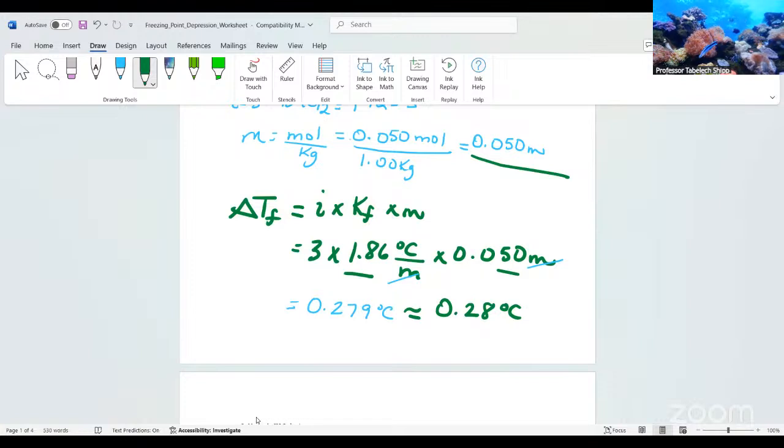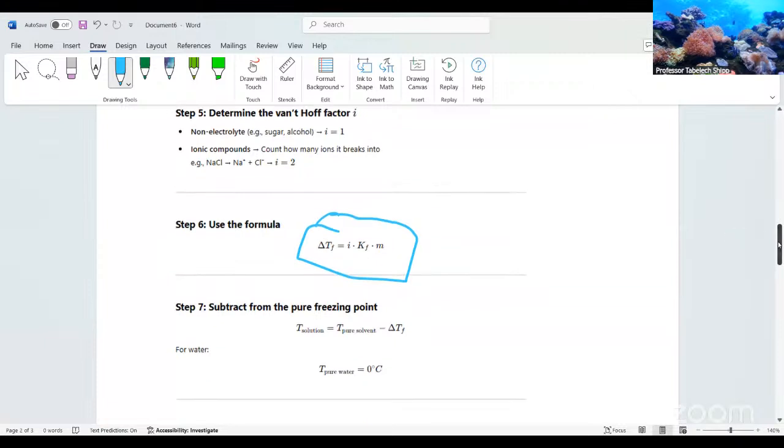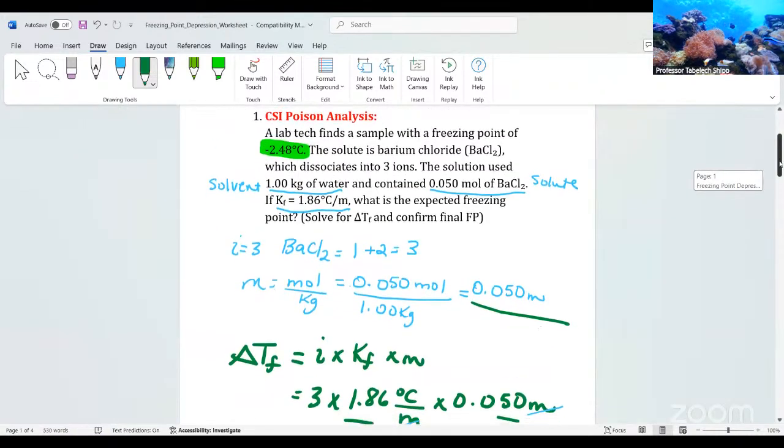You remember here where it says the T of the solution is equal to the temperature of the pure solvent minus the delta T_f? And if it's water, then the pure water will be 0. So in this case, if we go back to our problem, it was dissolved in water.